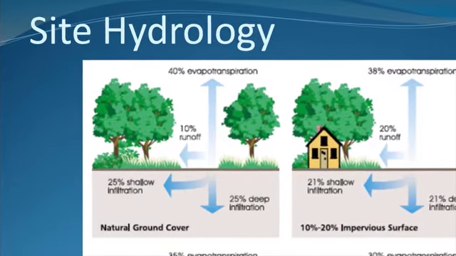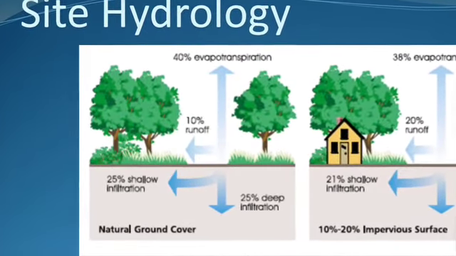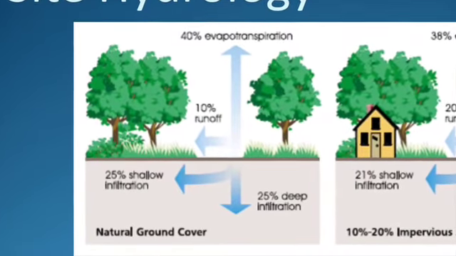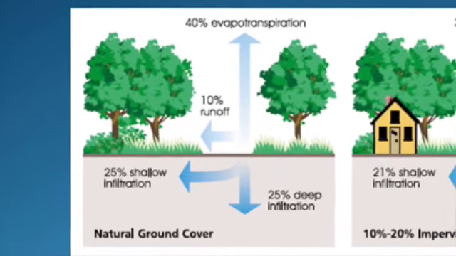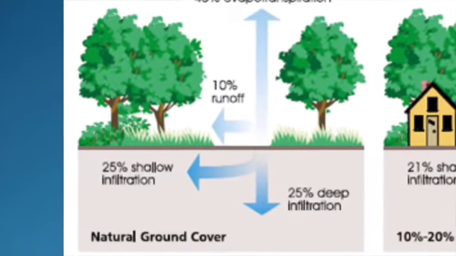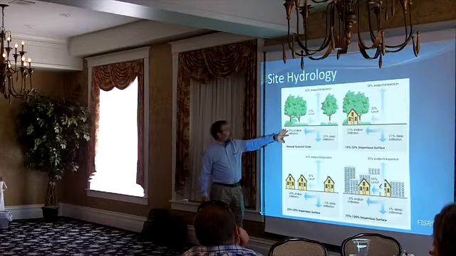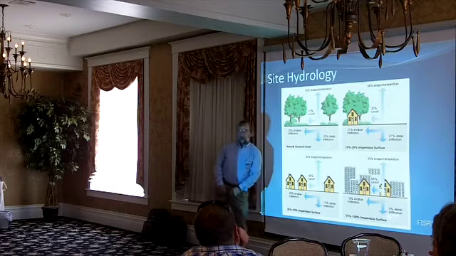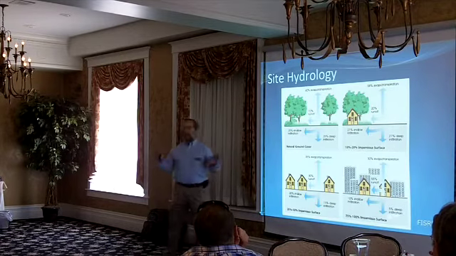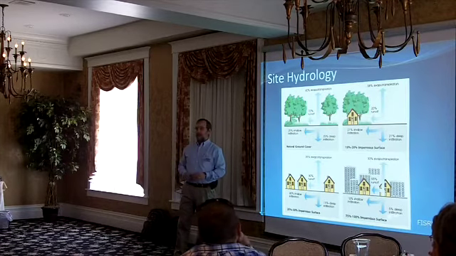So what happens? What's the mechanism? Well, if before there was any building, the hydrology of a site is essentially a very little bit of runoff, 10%, a lot of infiltration, and evapotranspiration. Vegetation is huge. I cannot stress throughout the day the need for vegetation.